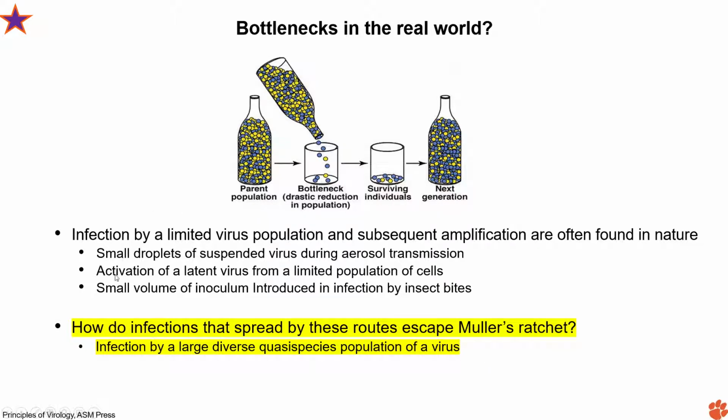On the other hand, small droplets of suspended virus, aerosol transmission, activation of latent virus from a limited population of cells, and small volume of inoculum are all bottlenecks. But this is how the bottlenecks are surpassed: infection by a large, diverse quasi-species population of virus. This is how it escapes these genetic bottlenecks.